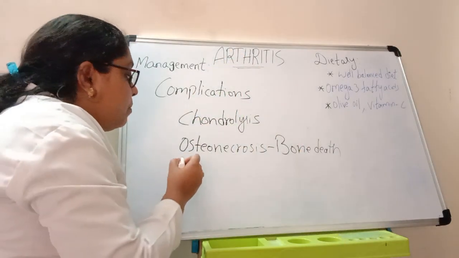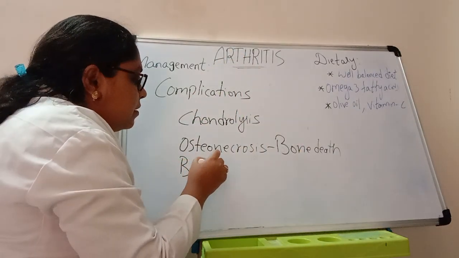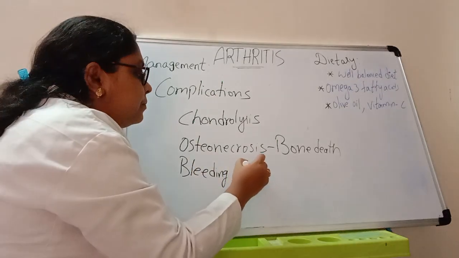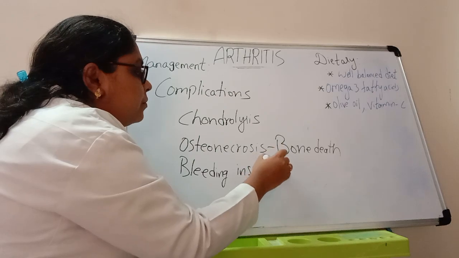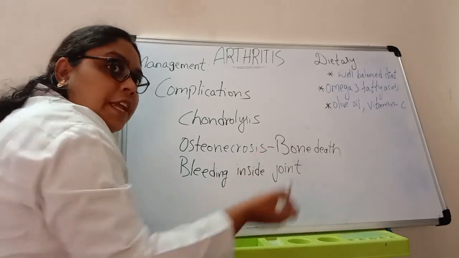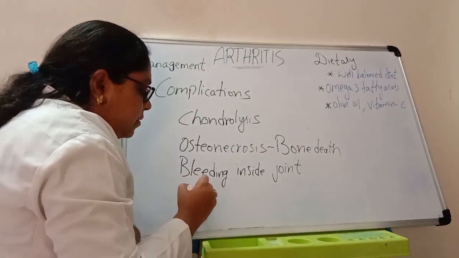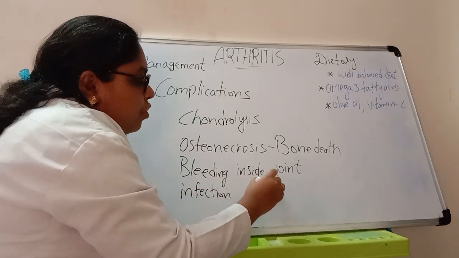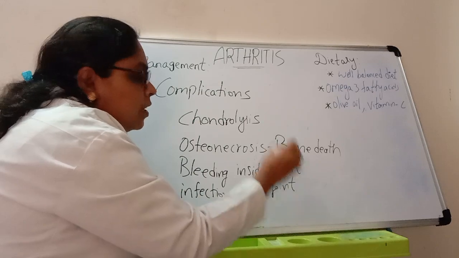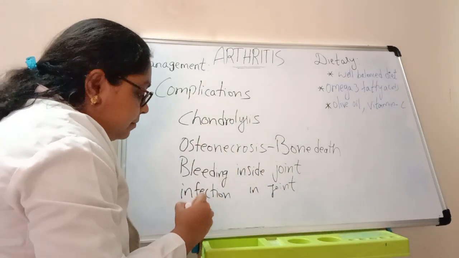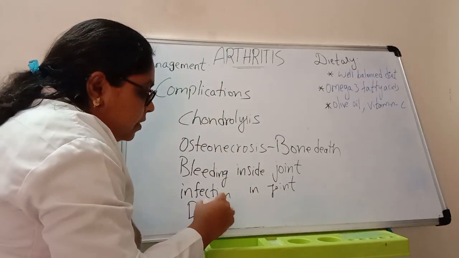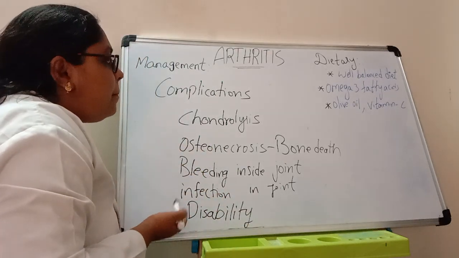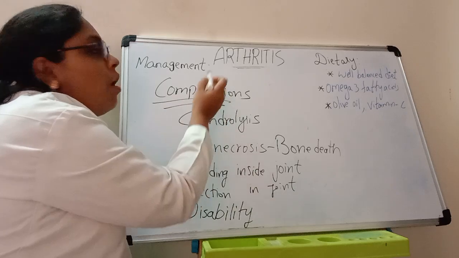Next, you can see bleeding inside the joint. Next, infection in the joint. Next, disability, loss of ability. These are some complications of arthritis.